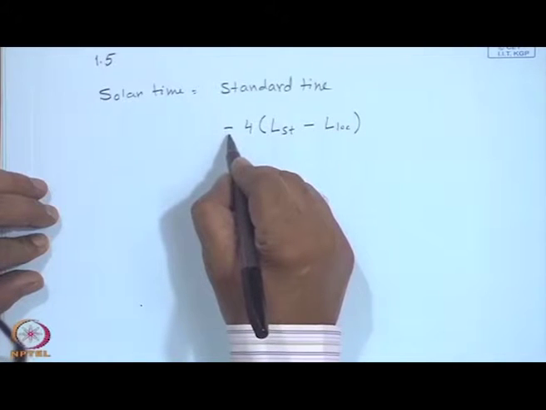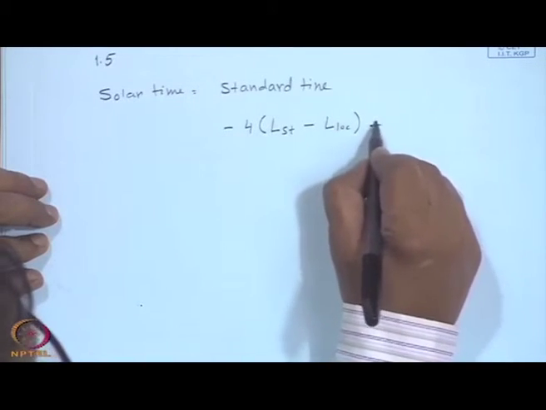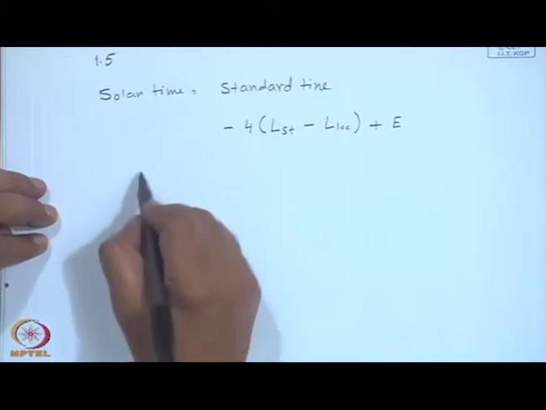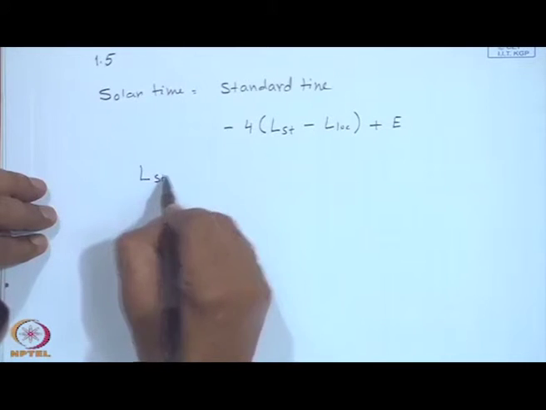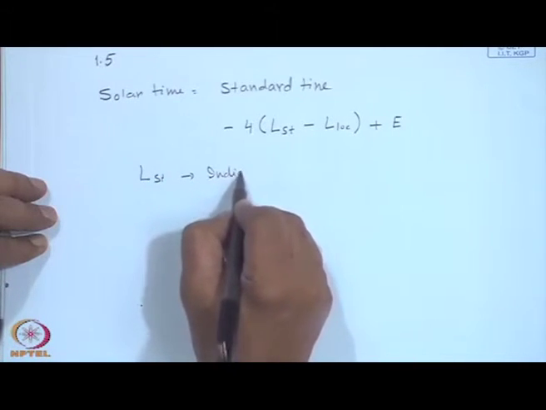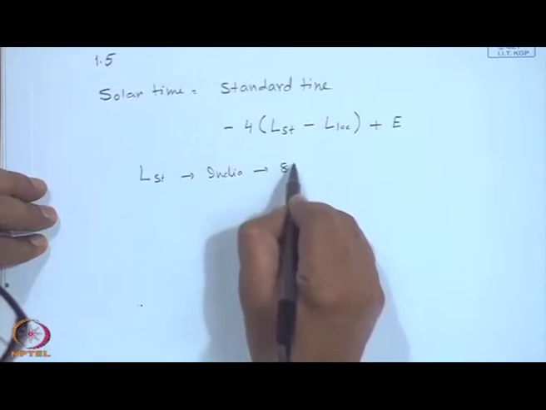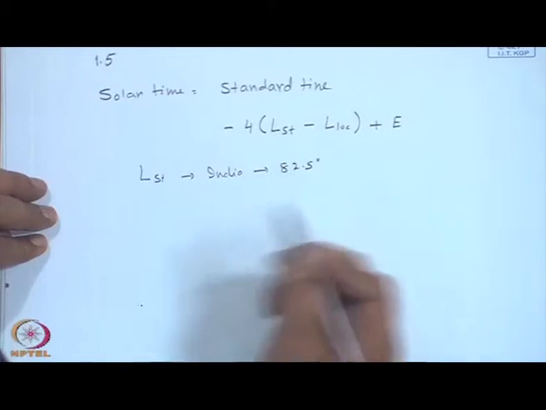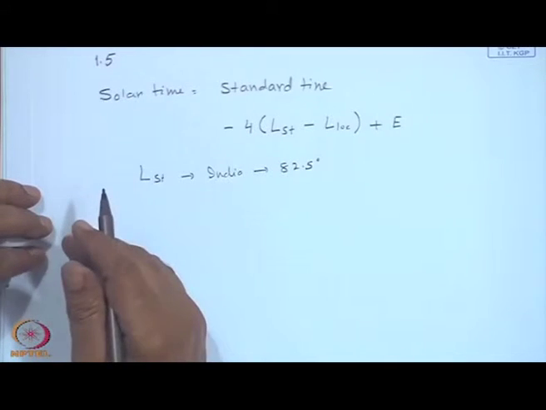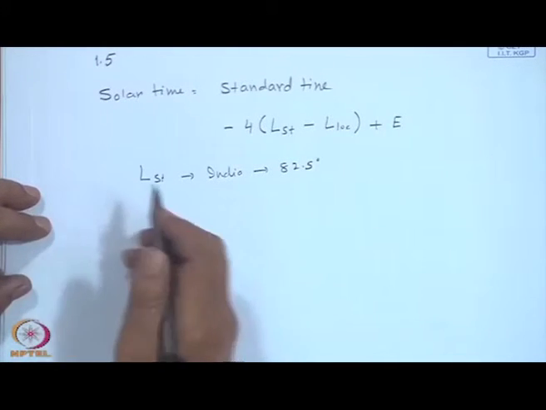This minus sign is for the east longitudes, plus a correction, the so called equation of time. For LST, India is 82.5 degrees. That is about 5.5 hours ahead of the Greenwich Mean Time.